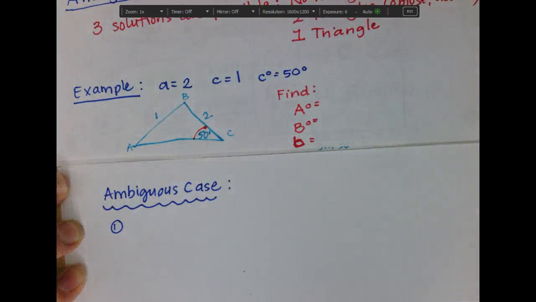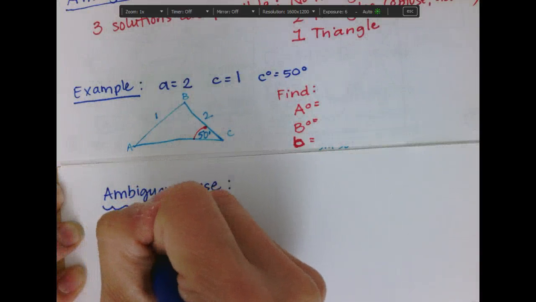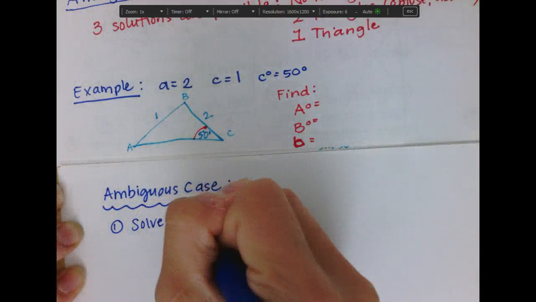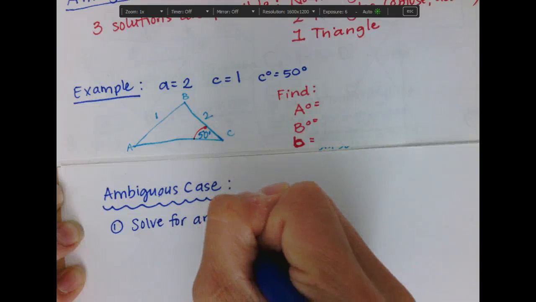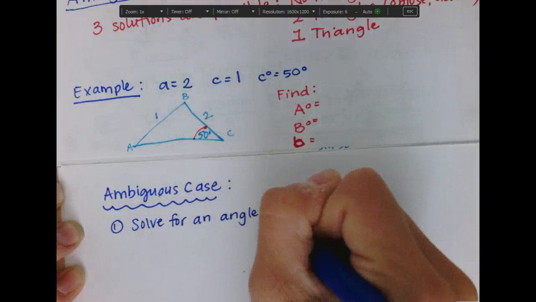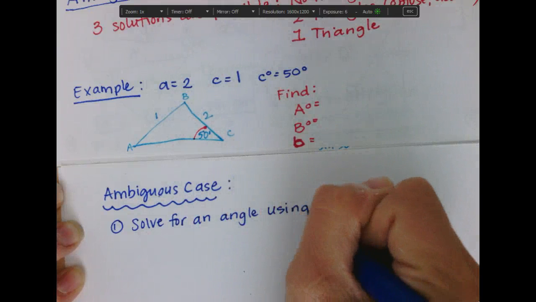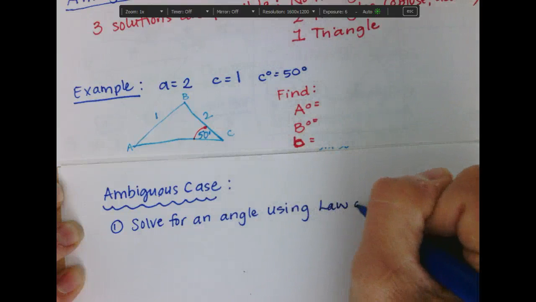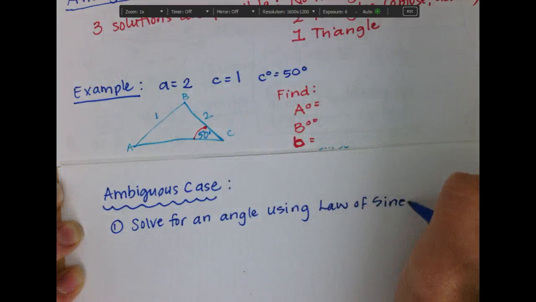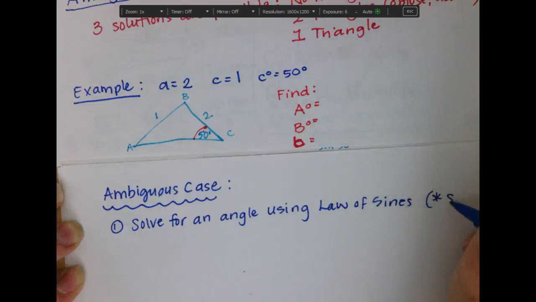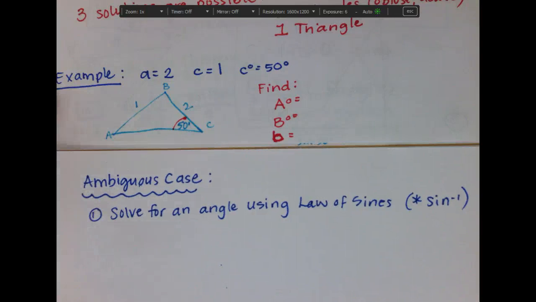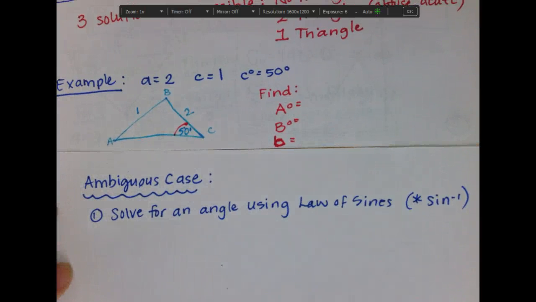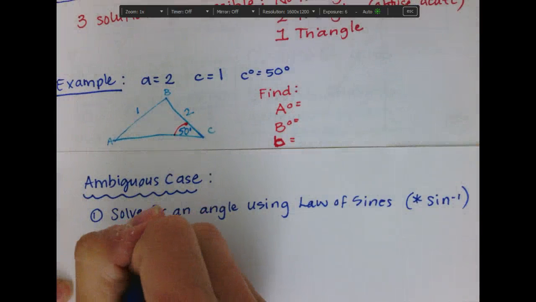The first thing that we should do is we should solve for one of our angles using the law of sines, and remembering that we're going to have to use inverse sine in order to solve. So let's take a look at why. Let's say we want to solve for angle A here.